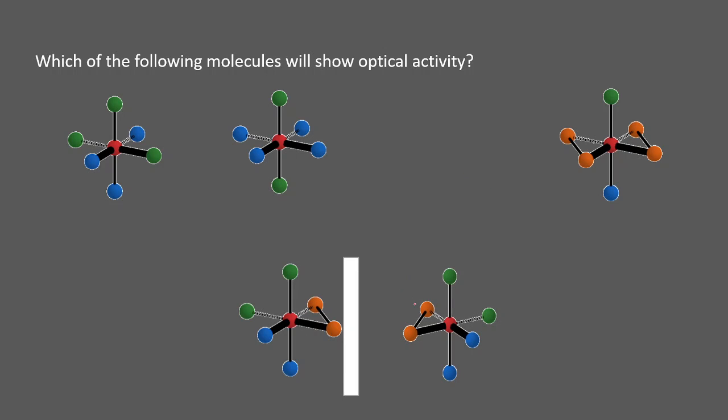Interesting. This doesn't look superimposable at first sight, but we can make some changes. Of course, we want to bring these two on this side here. So what we are going to do now, we take this axis and rotate by 180 degrees. This orange will go all the way to here, and all other groups will follow this 180-degree rotation.